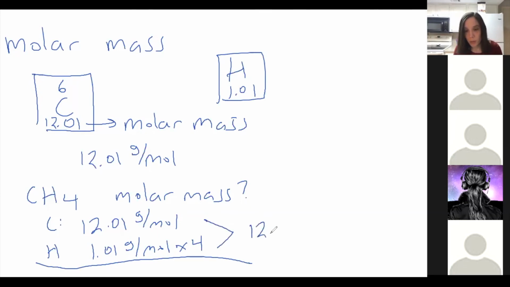And so we get 12.01 plus 4.04. So that would be the molar mass of CH4. 16.05 grams per mole is CH4's molar mass.